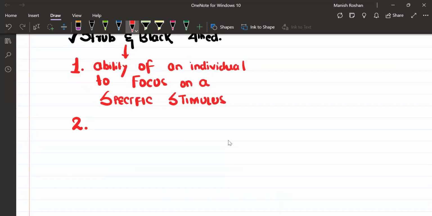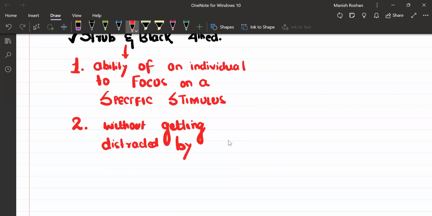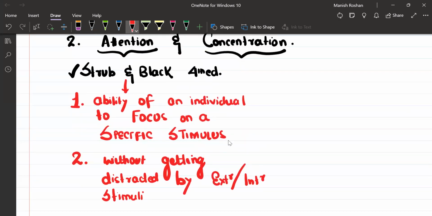In continuation, it is without getting distracted by external or internal stimuli. So this is the definition of attention.